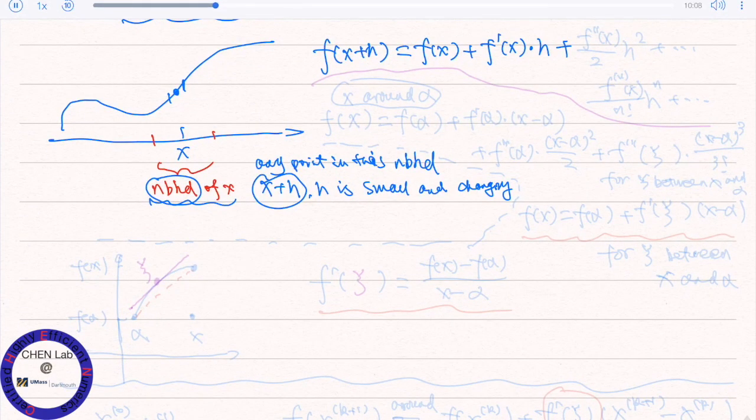And plus you go to the second term, which would be h squared. H is a variable, remember. So it's h to the 0, h to the 1, h squared, h cubed, and so on and so forth.